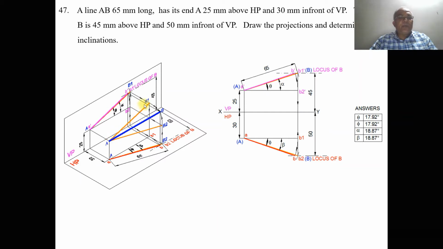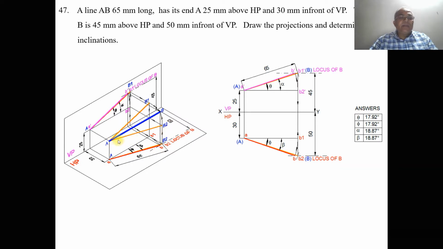When the line is parallel to VP, we can see the true length in the vertical plane. So when you look from the front view, A dash B1 dash is the line which will be in true length in the front view. Similarly, A is 25 mm above HP and B2 is also 25 mm above HP.